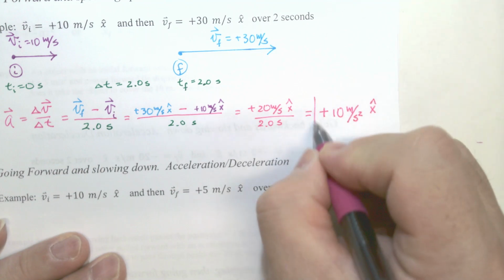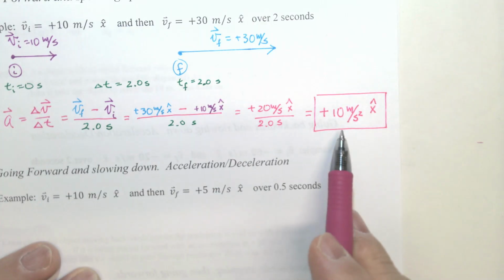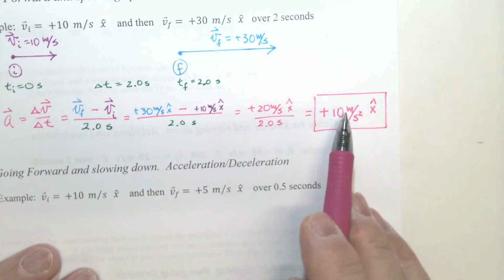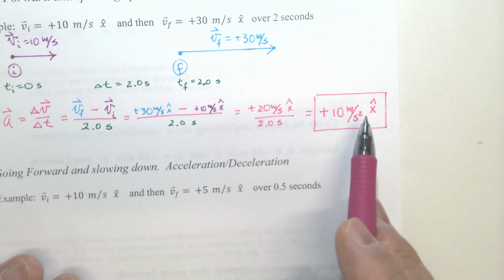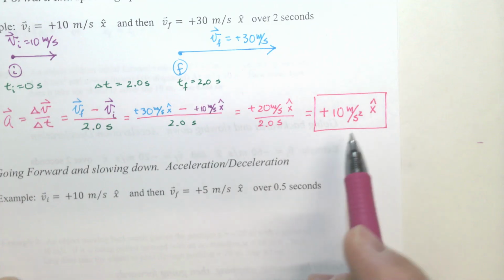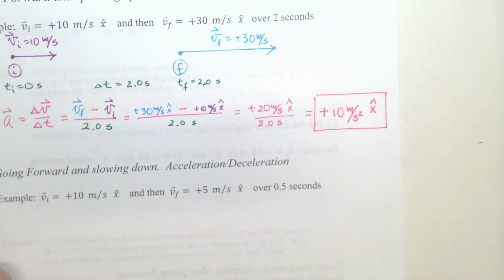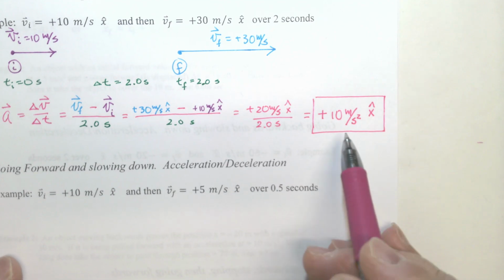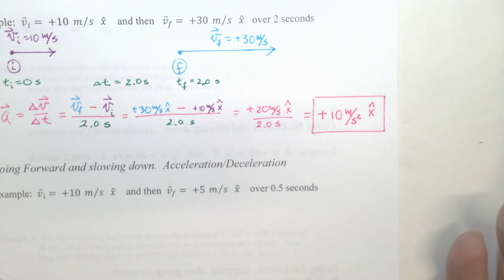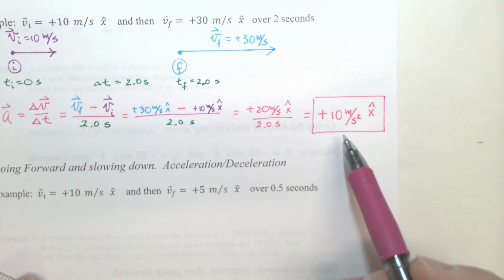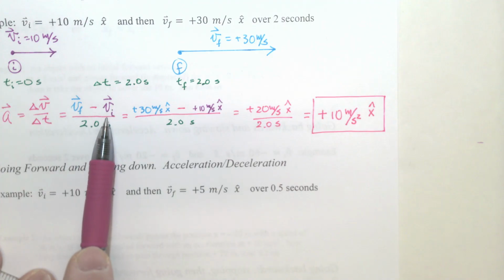x hat. So notice the unit for the acceleration. It is meters per second per second, or meters per second squared. So when we have this 10 meters per second squared, what that means is it will speed up 10 meters per second every second. All right? But in order to find out what your final velocity is, you need to know what your initial velocity you started from.